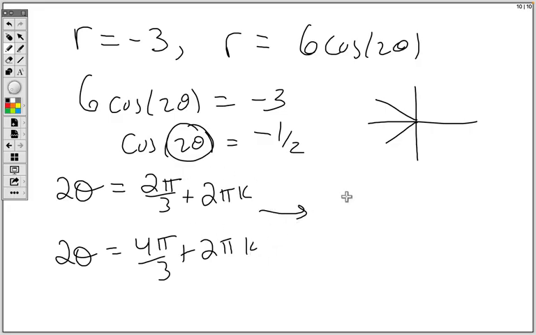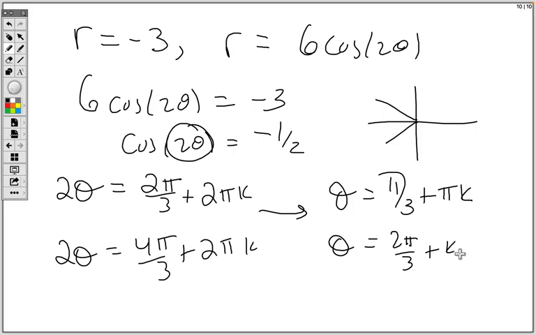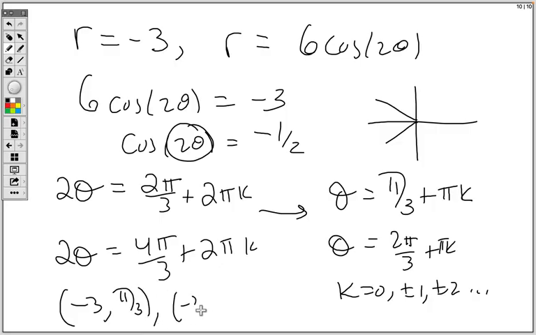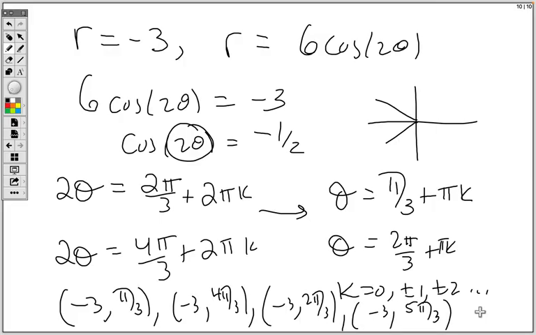Dividing by 2, multiplying by 1/2, here's where I'm picking up the pi over 3's. So here I would be getting negative 3, pi over 3, negative 3, 4 pi over 3, negative 3, 2 pi over 3, negative 3, 5 pi over 3.